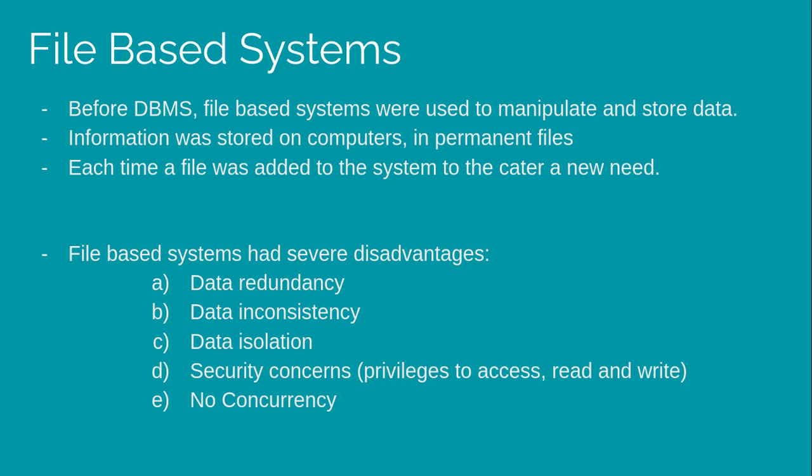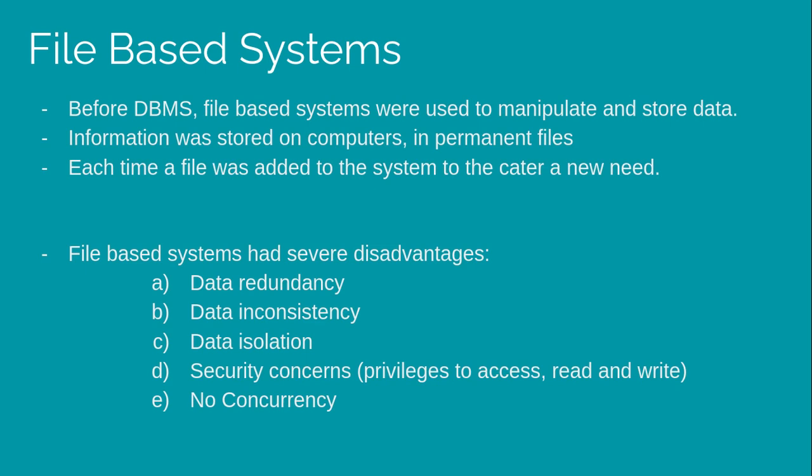So if I have many users trying to access this file based system, in such a case, let's say user A is accessing the system and user B as well.